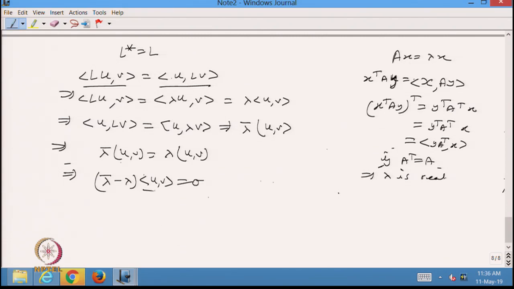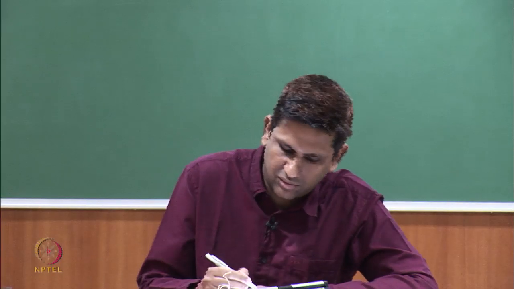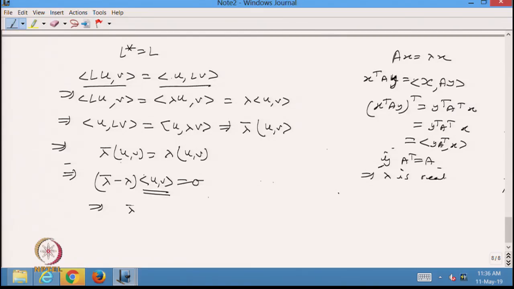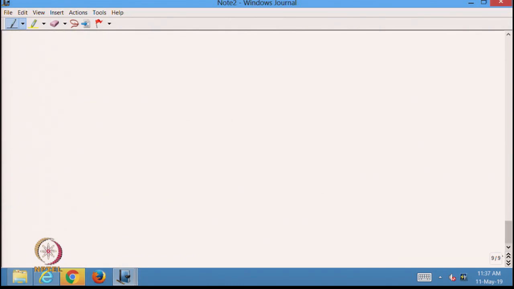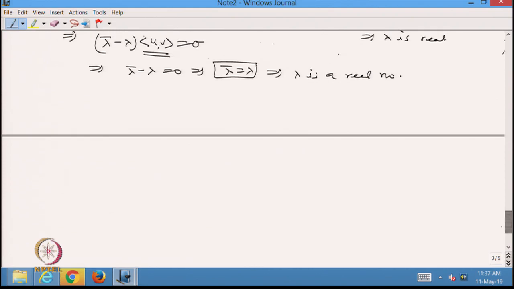Now I know that the inner product of uv is not equal to 0, so lambda bar minus lambda is equal to 0. So lambda bar is equal to lambda. That shows that lambda is a real number, and lambda was the corresponding eigenvalue. So I am able to show that the eigenvalue is real.